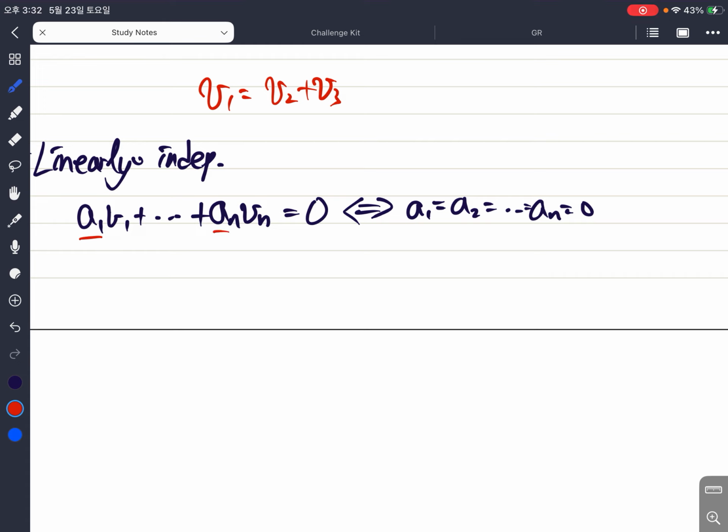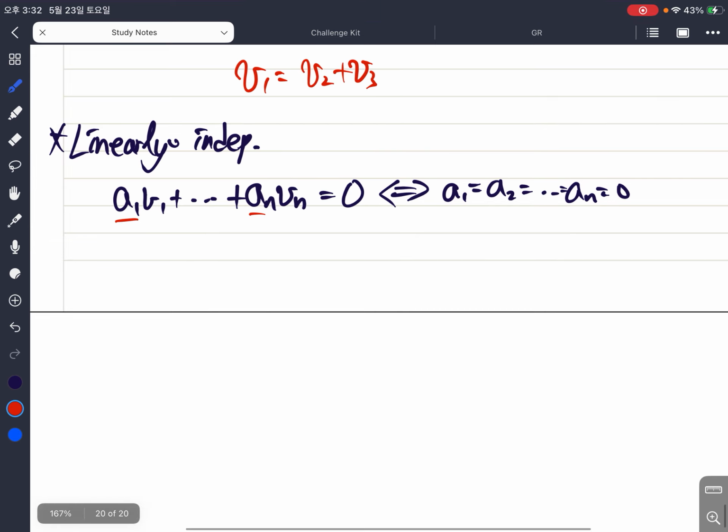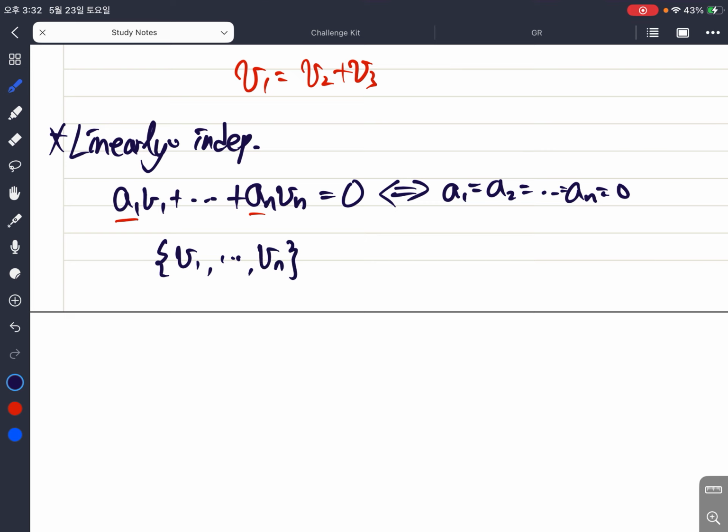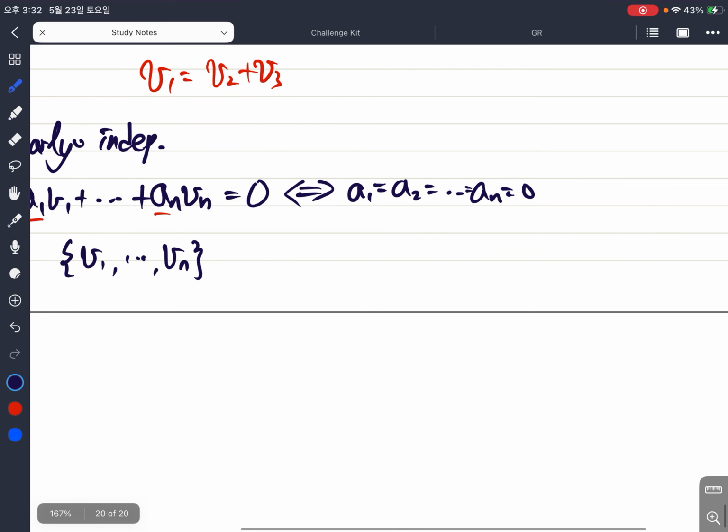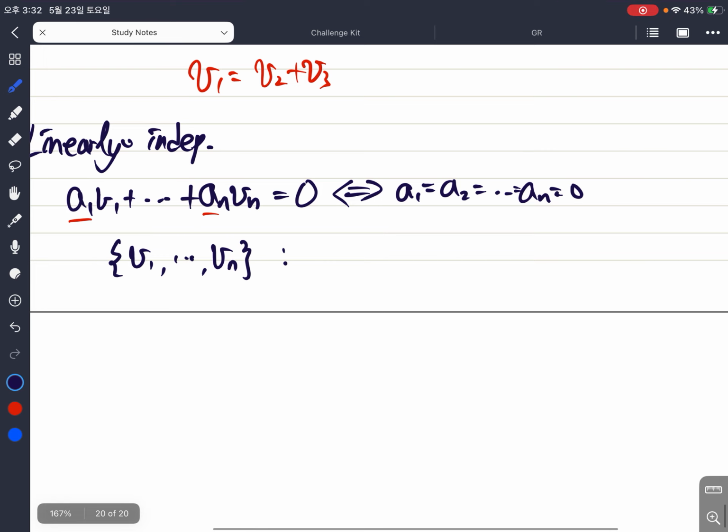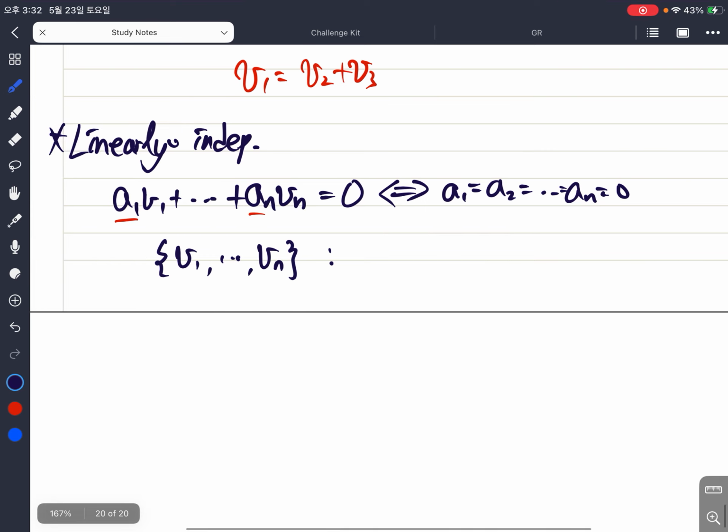Then they are called linearly independent. Sometimes we say just that v1, ..., vn is linearly independent. Sometimes we make the set {v1, ..., vn} and say this set is linearly independent. Sometimes we say this is a set of linearly independent vectors. There are many similar notions of using linearly independent. The main criterion is the one above.